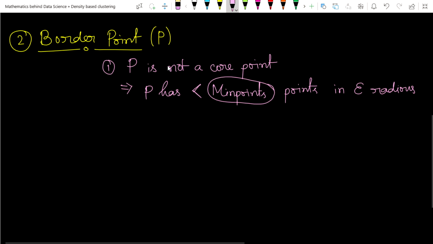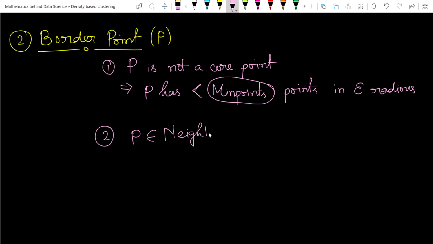That's the first condition. And the second condition is that P must belong to the neighborhood of some point Q, where Q is a core point.